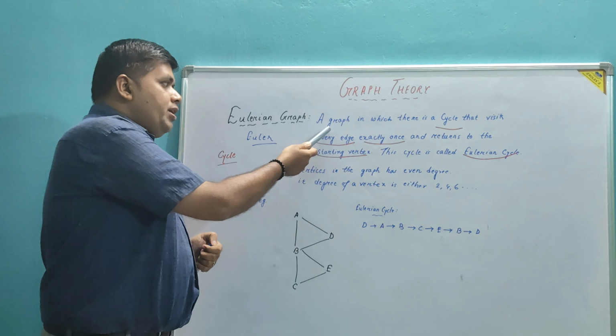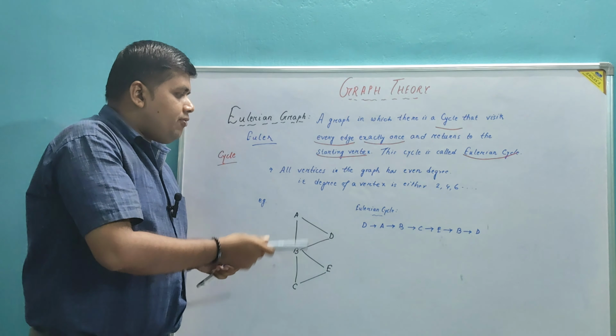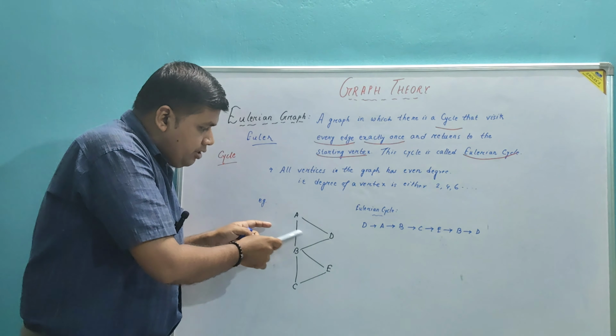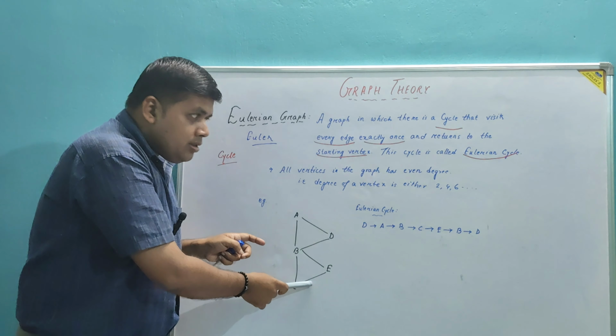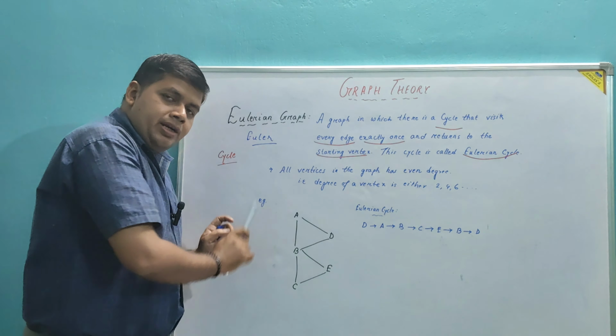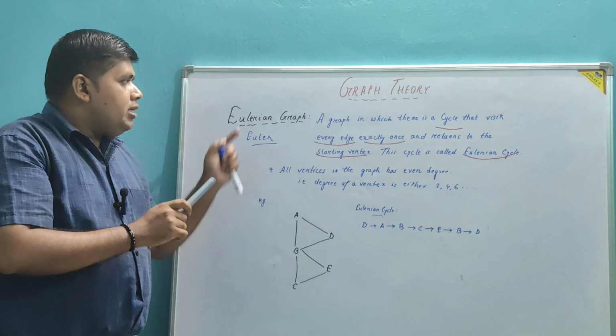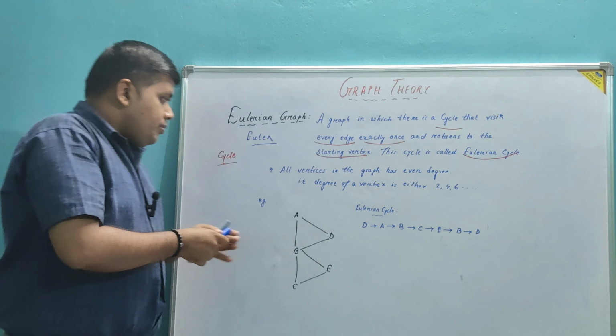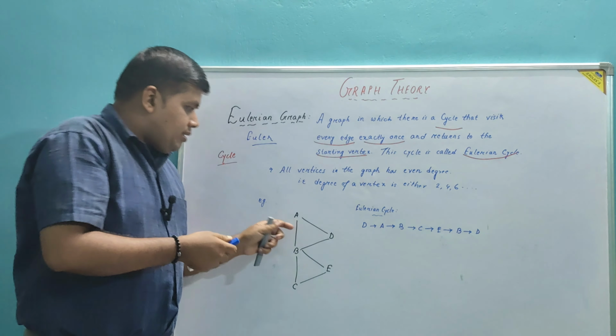So as per definition, a graph in which there is a cycle that visits every edge exactly once and returns to the starting vertex is considered as a Eulerian graph. So let's understand it by an example.